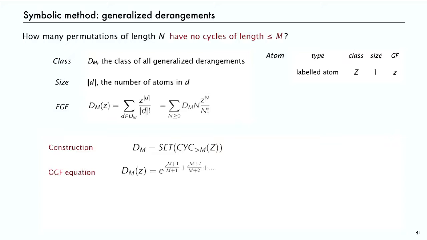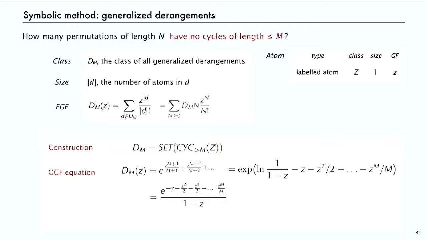So it's the same series, now starting at z to the m plus 1. Or that's log of 1 over 1 minus z, minus z, minus z squared over 2, all the way up to z to the m over m. And simplifying that, we have e to the minus z squared over 2 minus z cubed over 3, and so forth up to z to the m over m, all over 1 minus z. So that's the generating function that we get immediately from the symbolic method.